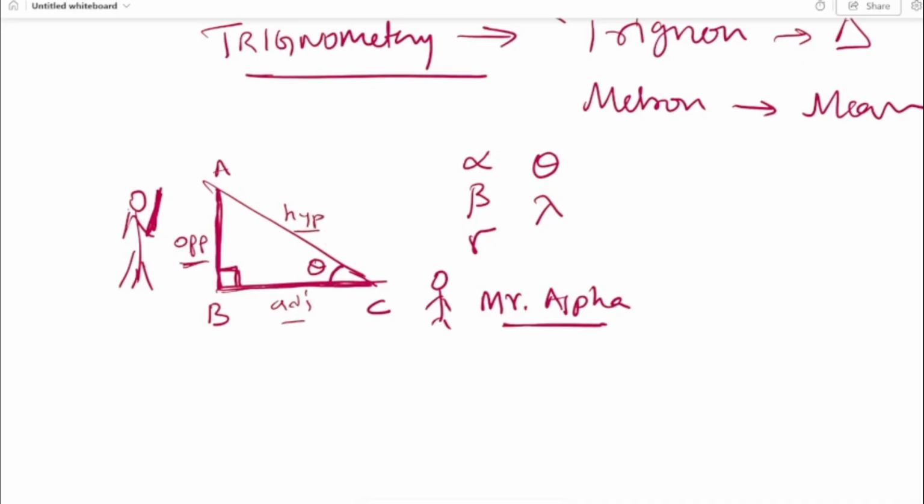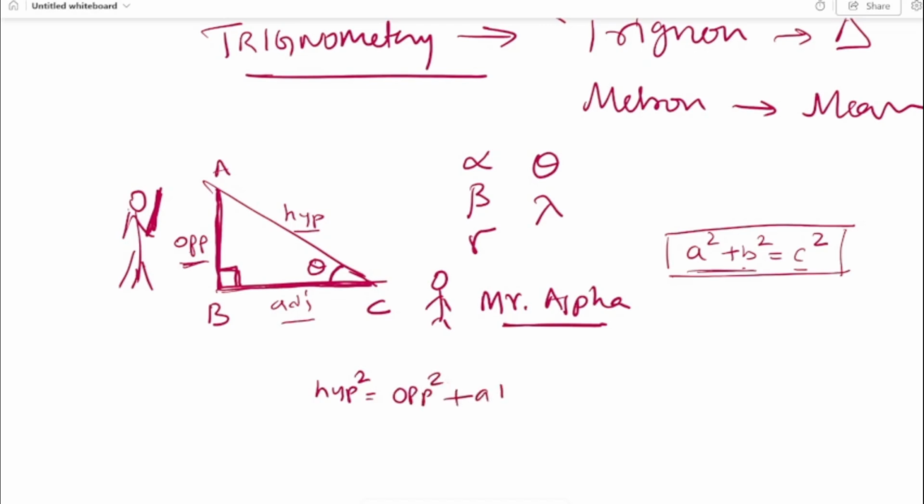Hypotenuse. Okay. Let's recall Pythagoras. a square plus b square equal to c square. This is the famous Pythagoras theorem. Hypotenuse square is opposite square plus adjacent square. Let's rephrase this: hypotenuse square equal to opposite square plus adjacent square.